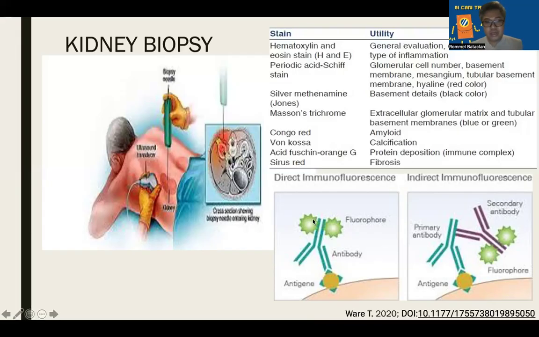It could be direct immunofluorescence or indirect, wherein a secondary antibody that has the fluorophore, the glow-in-the-dark pigment, is attached to the primary antibody, because most commonly the fluorophore cannot be attached directly to that particular primary antibody.